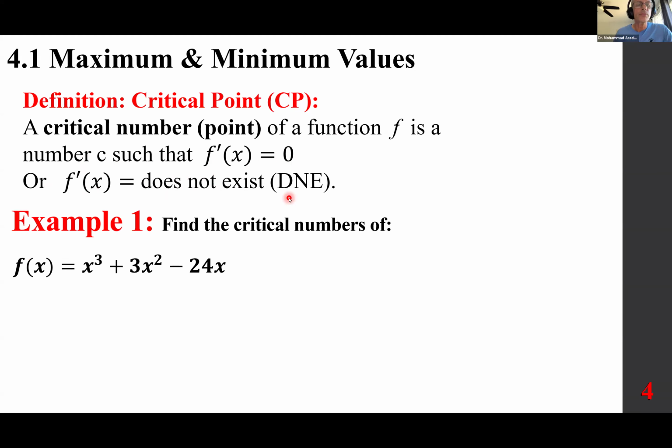Here's a simple example. We want to find the critical numbers for f of x equals x cubed plus 3x squared minus 24x, which means we are going to follow the instructions. Number 1, find f prime of x. So to find f prime of x, we get 3x squared, 6x, minus 24.